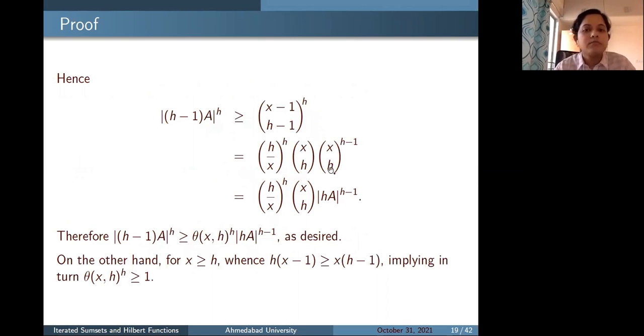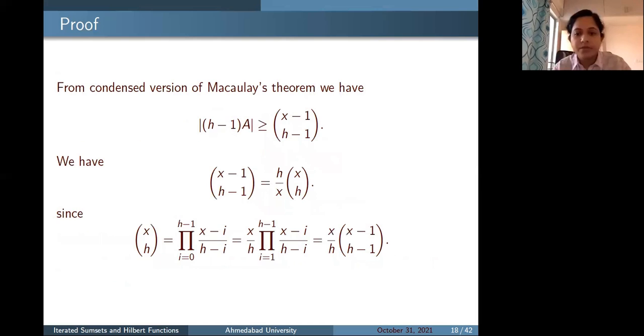And if you replace it here, that will eventually give you the result. On the other hand, since we know this will satisfy here, this will conclude that theta to the power h is greater than or equal to 1. So theta will be greater than or equal to 1, and that proves the result.